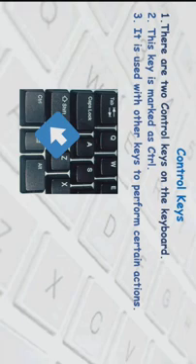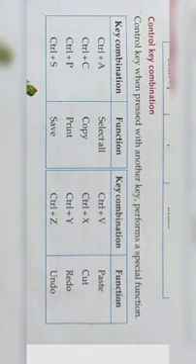Control key when pressed with another key performs special functions. Alright students. So this is the function of the control key. If you hold down control key and press alphabet A, its function will be select all. Similarly, all key combinations are given here. What will be the function of the key combination which is written on it?